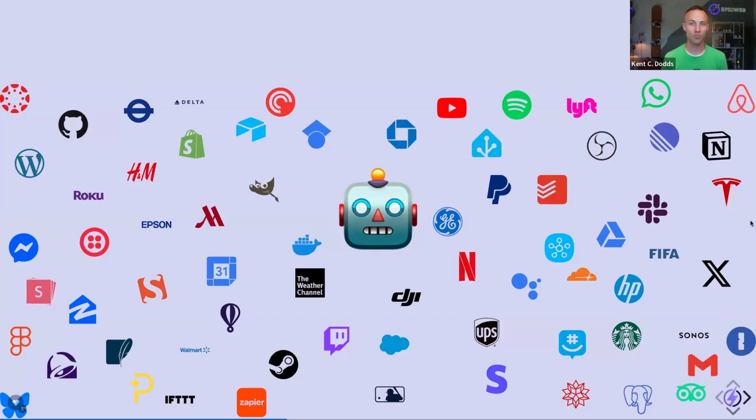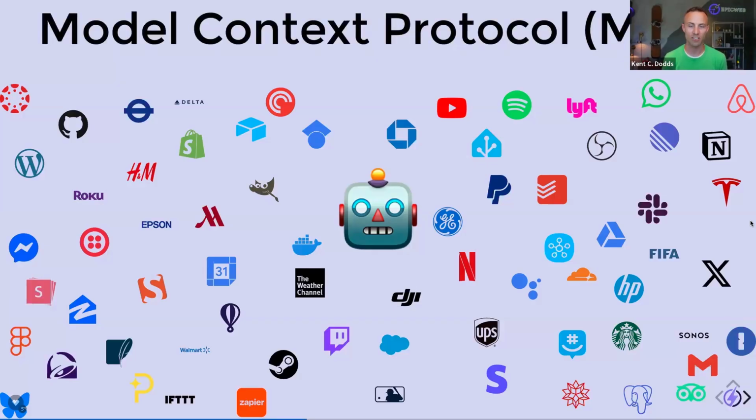We need a standard of communication, and that's what the Model Context Protocol is. The Model Context Protocol says that these AI applications can integrate with these services, provided that the client implements the client side of the specification and the server implements the server side. Now we can talk. And it's very similar to the way that websites work with web browsers. You've got the client, which is the browser. You have the server, that's the HTTP server that responds with HTML.